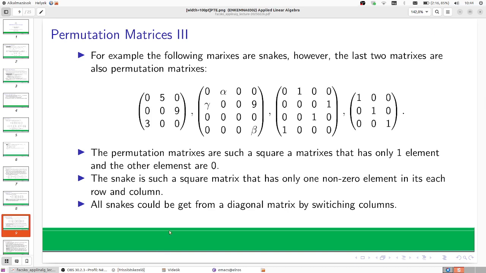Okay, so very briefly, the permutation matrix has only one element in each row and each column. The snake is a square matrix and it has only one non-zero element in each column and each row. All snakes can be gotten from a diagonal matrix by switching columns.